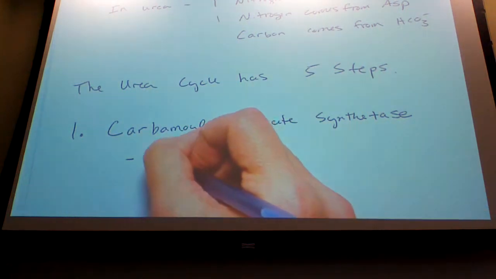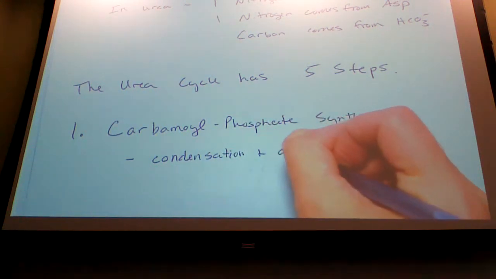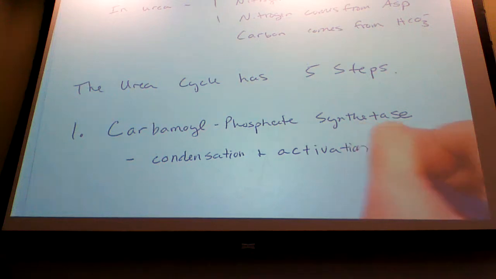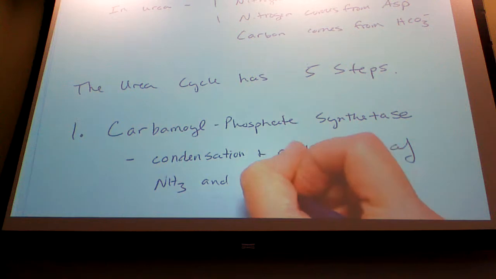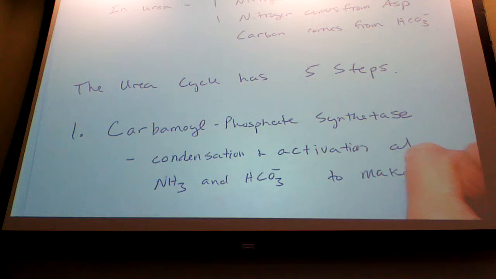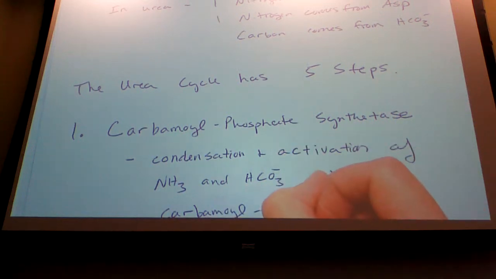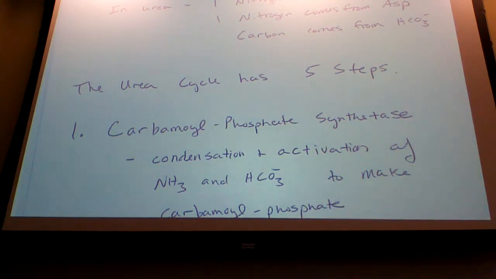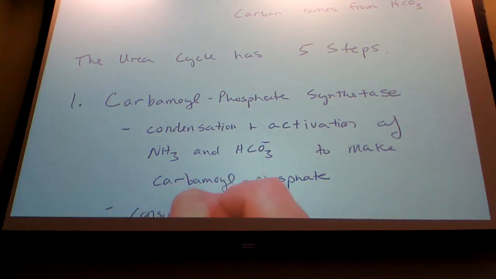And what you're going to do is perform a condensation reaction and an activation of the ammonia and the bicarbonate to make the product carbonyl phosphate. And this is going to consume 2 ATP.